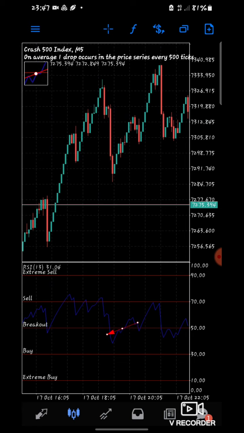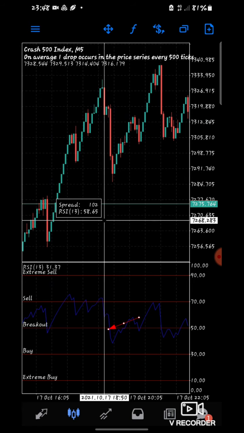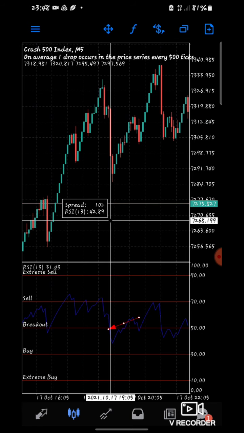You wouldn't allow it to reach the buy level, because once it reaches this level, that signifies another trend. That signifies a bullish trend. So you exit the market when it reaches here. That's the breakout. So that means you take this first spike there, and the other one was down there.